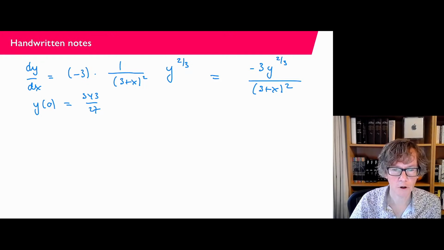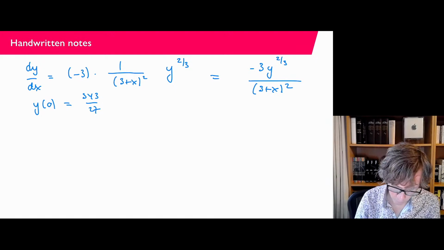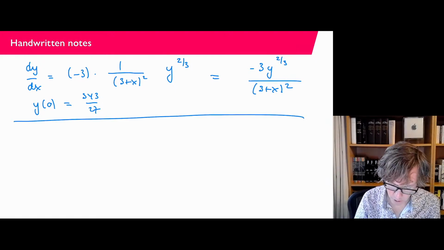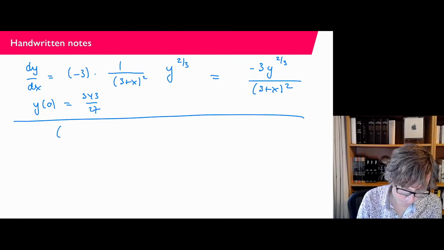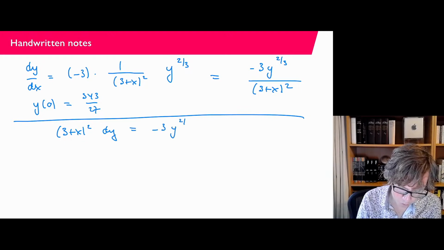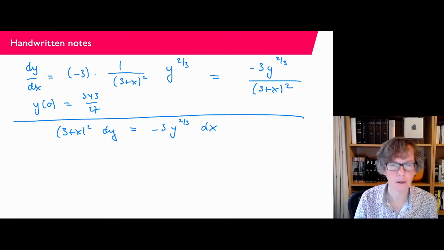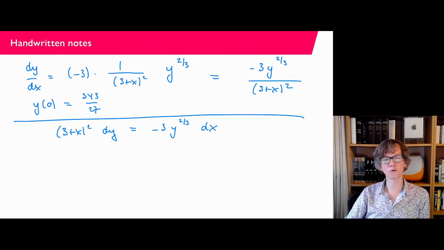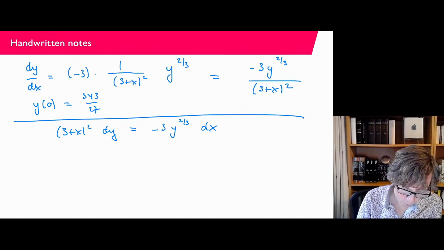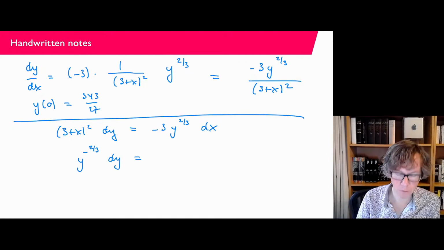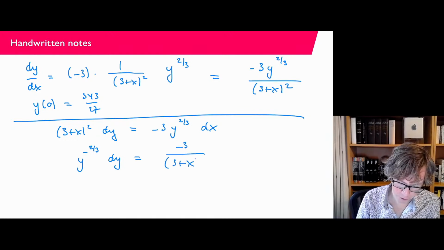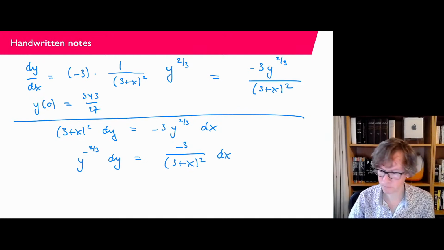So I am going to do cross multiplication, and then we see that (3 plus x squared) dy equals minus 3y to the power 2/3 dx. Everything with y to the left side of the equation: y to the power minus 2/3 dy equals minus 3 over 3 plus x squared dx.